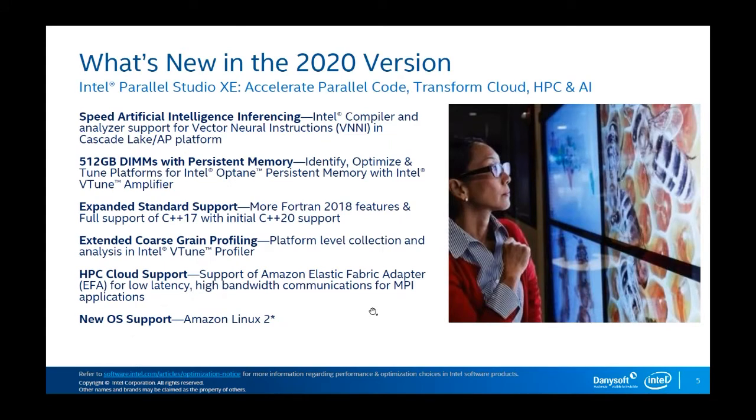Well, what are the most novelties in this 2020 version? Among the main innovations of this suite, we can find, on one hand, the acceleration of applications related with artificial intelligence, especially in the inference phase, thanks to the support of the new instruction, the vector neural network instruction, allowing computation with reduced precision, incorporated in the latest Cascade Lake processors.